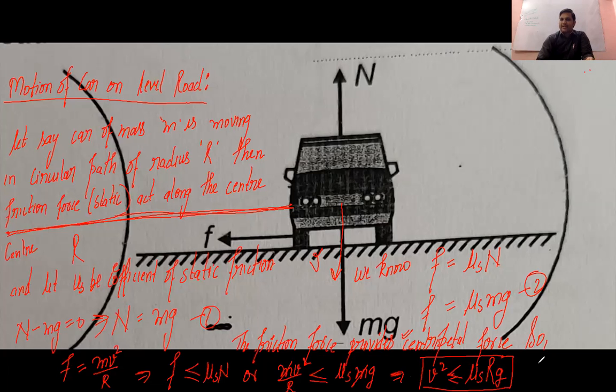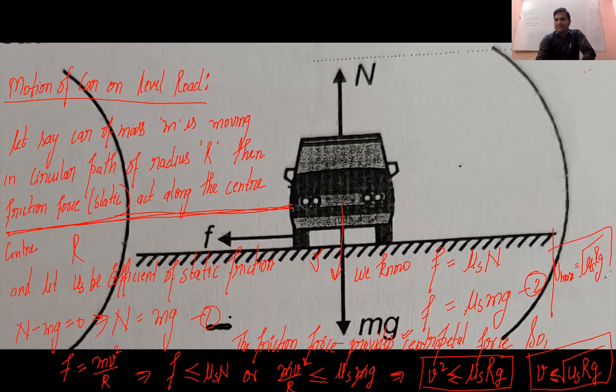So from here you can write the velocity can be written as under root of mu s r g, with the sign of lesser than or equal to. The maximum velocity, v max, from here can be root of mu s r into g. It means what?